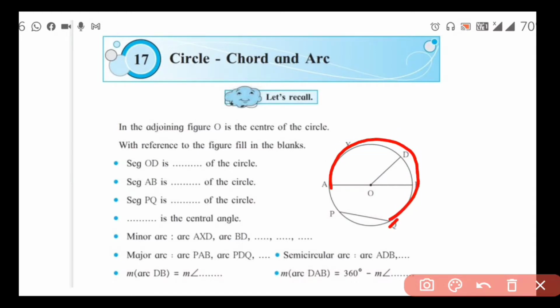ABQ is also a major arc. If you start from B, then BQX is also a major arc. If we start from Q, QAB is also a major arc. So in this way you can write any one name in the fill in the blank of this major arc.